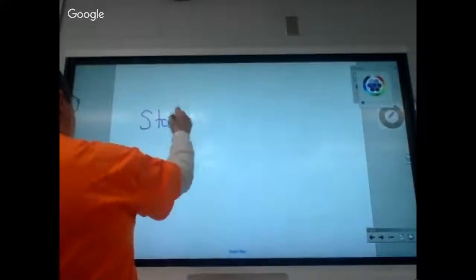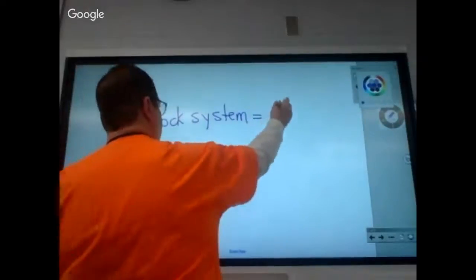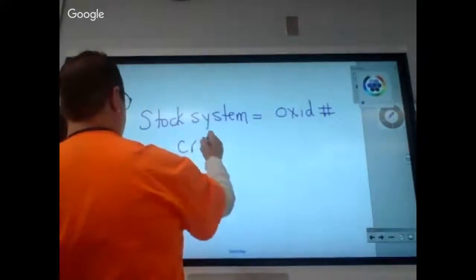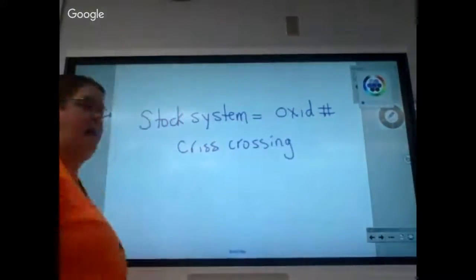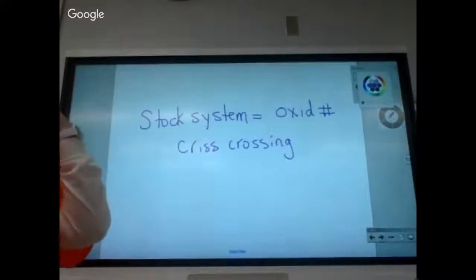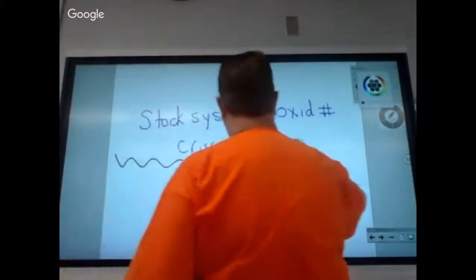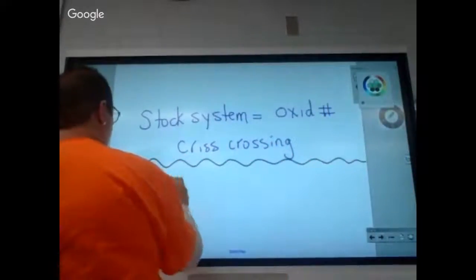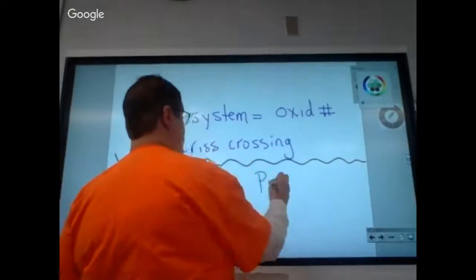All right. I cannot say this enough. The stock system uses oxidation numbers and crisscrossing. Okay, that's what we've been doing for 3 days. That's what we have in our heads. Now, the old system is going to take this and throw it out the window. The old system is prefixes.